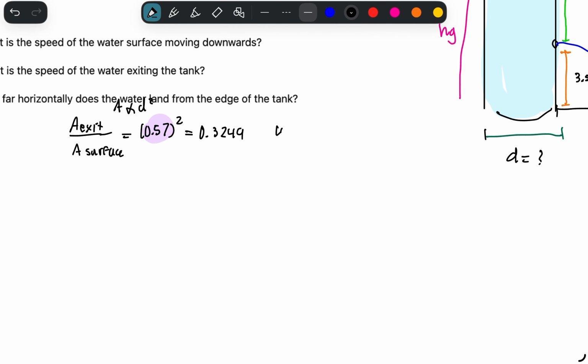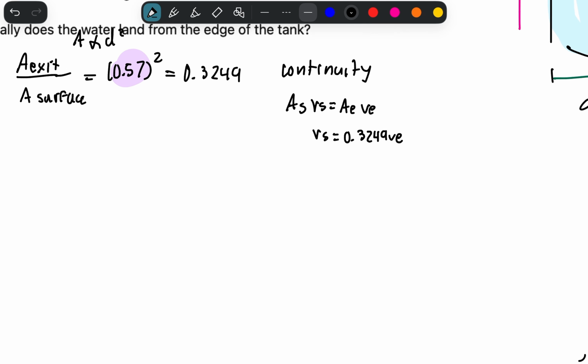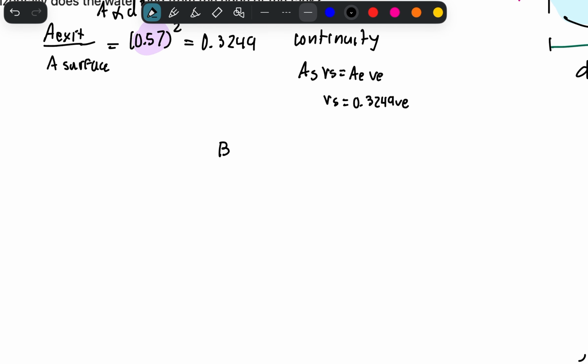So then if you use your continuity, you're just going to get our A1V1, which was our AS VS equals AE VE, VS equals 0.3249 VE. And then we need Bernoulli's principle like we did earlier.